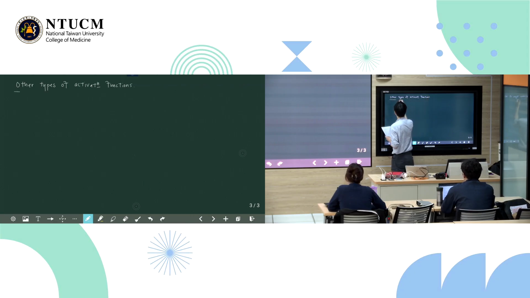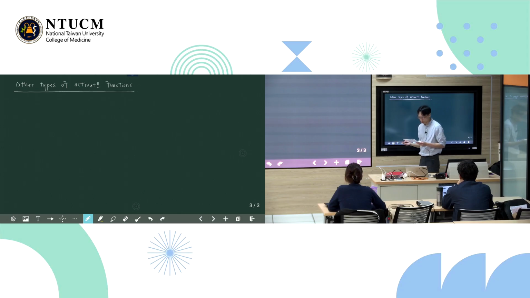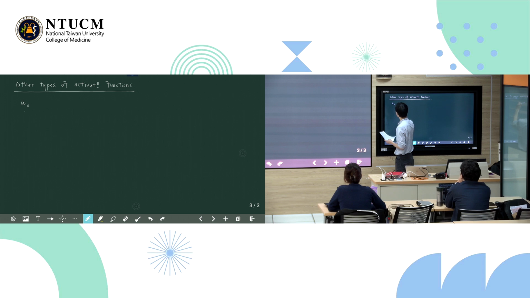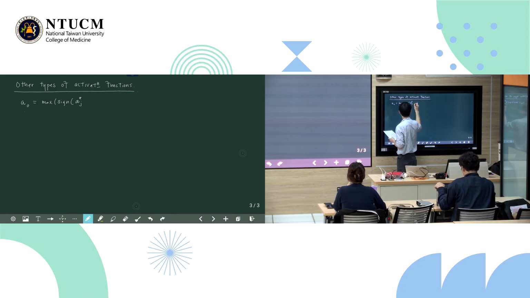Other types of activation functions. I might have mentioned this briefly at the beginning of the course, but it is not that we only have the binary ReLU, okay? If I were to use A_0 instead of A_j, it's the same thing, right? So the binary ReLU is the max of the sign of the difference.